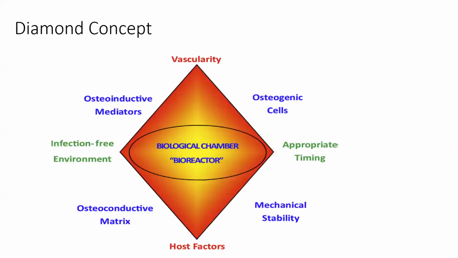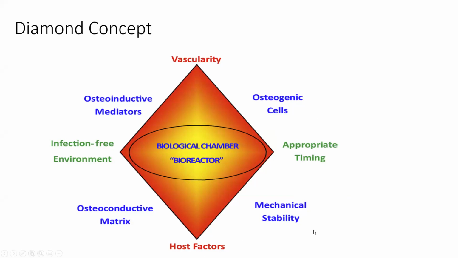Okay. So what was the diamond concept that Masquelet suggested to be completely adhered to in order for Masquelet to work? You need to have adequate vascularity. You need to have the host factors, which are good nutrition, good environment, biologically.